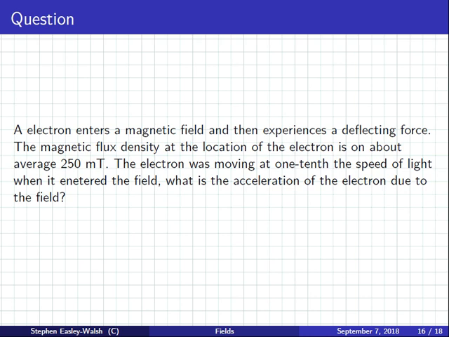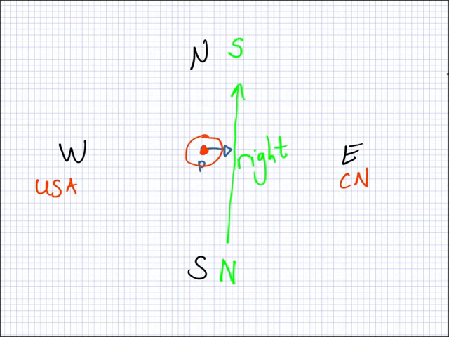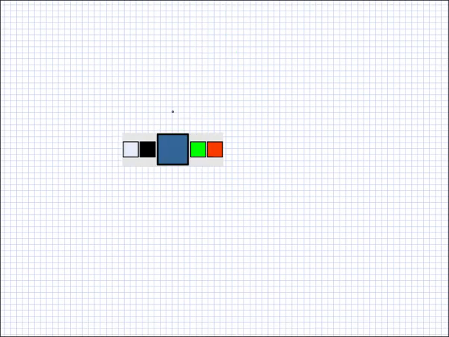An electron enters a magnetic field and then experiences a force. The flux density is 250 millitesla. The electron is moving at 1/10 the speed of light. What is the acceleration? Okay, so in this one we need to use QVB.